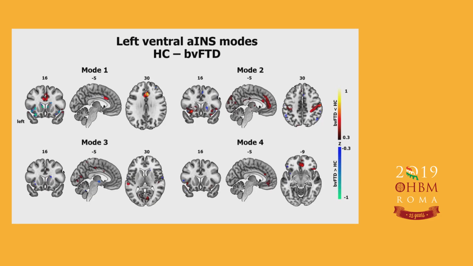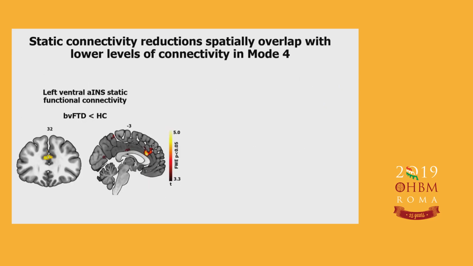But what you can see just through this qualitative assessment is that patients here, so red indicates higher connectivity in controls, showed reduced levels of connectivity in this mid-cingulate, but also anterior cingulate regions of these modes.